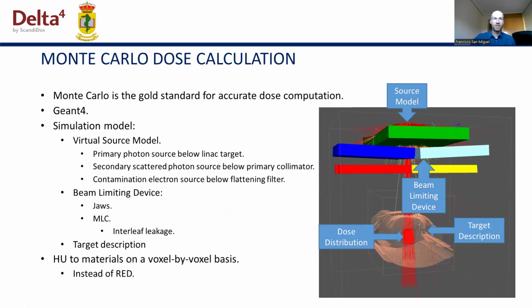Let's focus now on the dose calculation engine. It is quite important to remember that the Monte Carlo algorithm is considered the gold standard method for accurate dose computation. There are several Monte Carlo-based algorithms available for radiation dose calculation, and Insight's dose engine uses Geant4 to model particle interactions and transport in the medium.